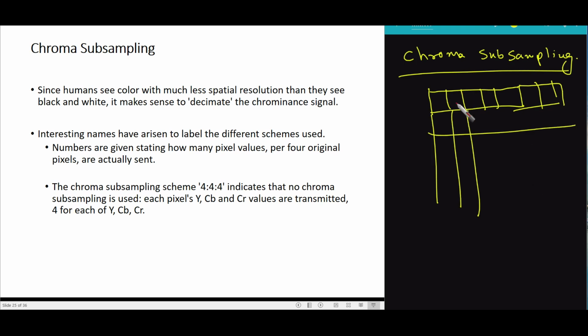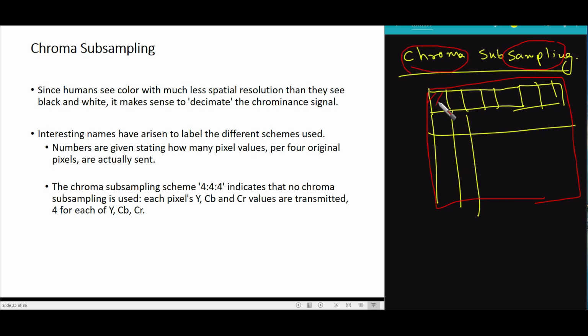What I'm doing is intentionally keeping and transmitting the information for some pixels, and for some other pixels we don't care. I'm talking about the color information. This is called digital sample data. Now on this sample, we do subsampling only for the color information.